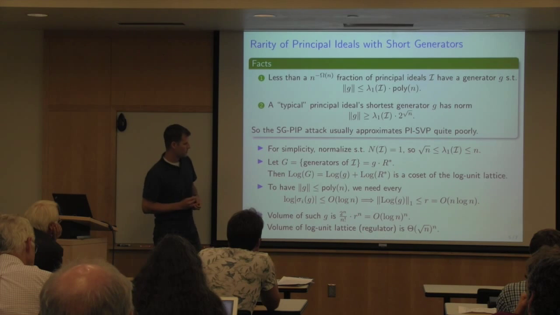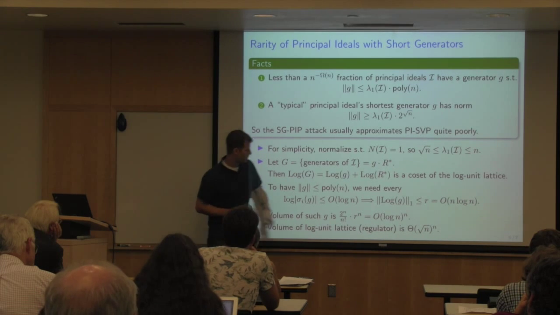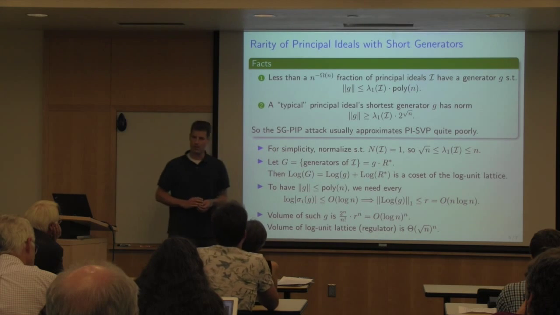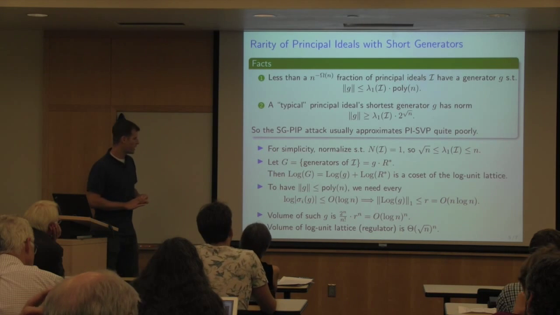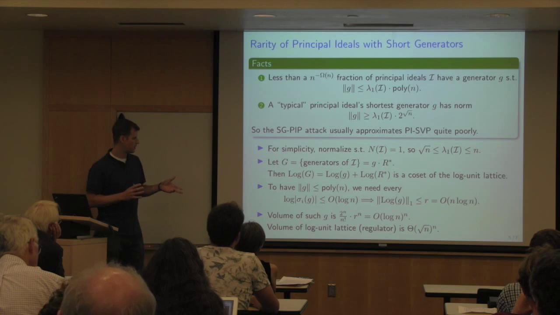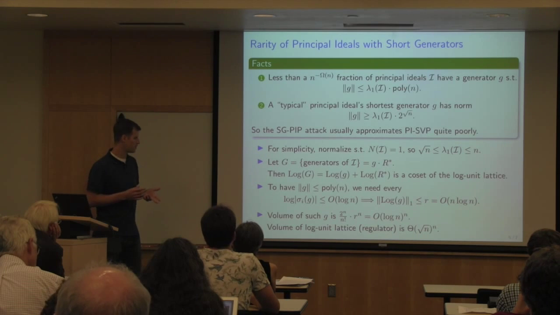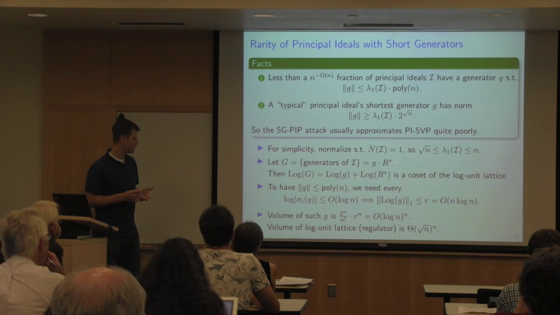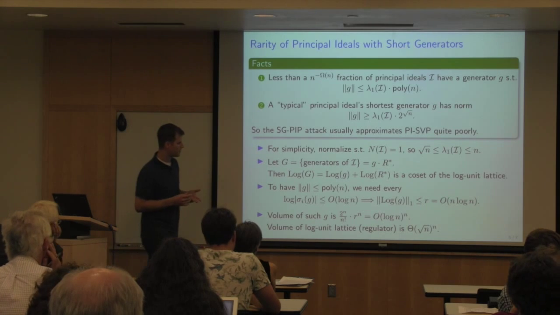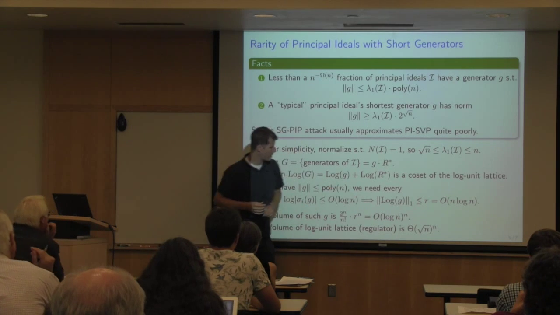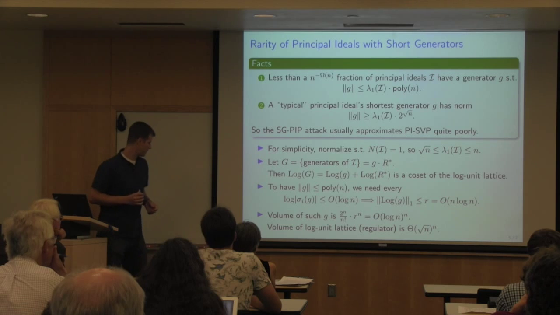And so you just do a little calculation, and you end up with, this is order log n raised to the n power. And we also know that the volume of the log unit lattice, we actually know this pretty well asymptotically at least. It's called the regulator, and it is theta, so some constant root n, all raised to the n power.